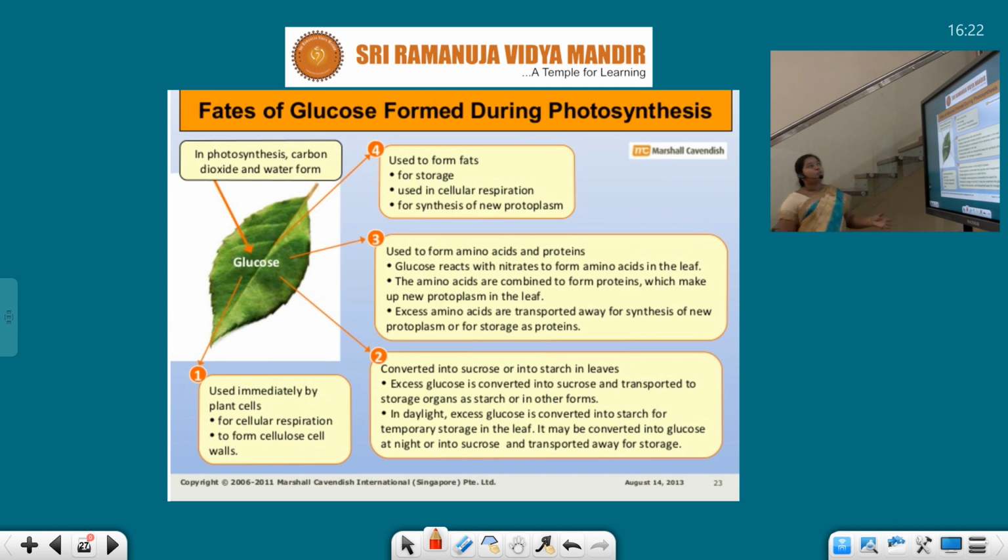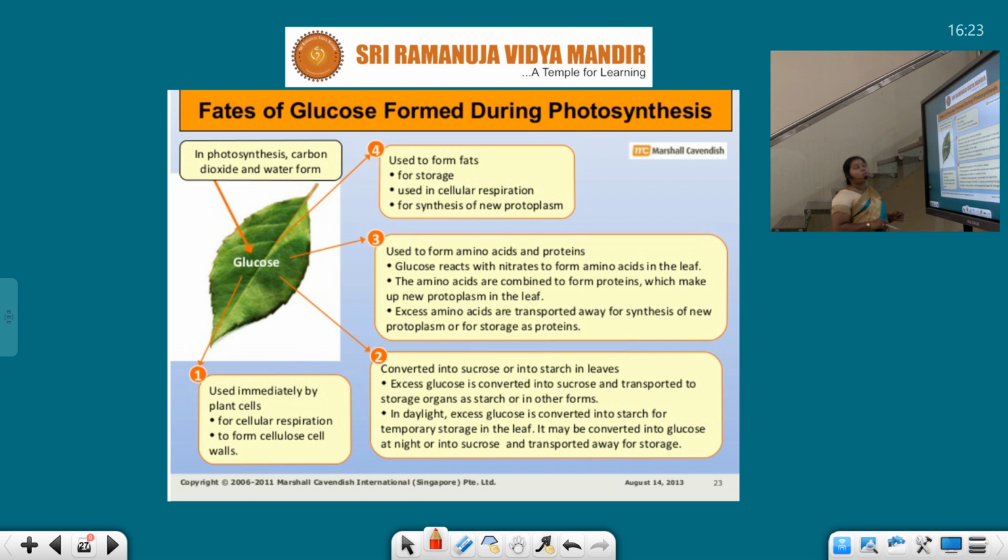Next, fate of glucose formed during photosynthesis. Very important point this one. In photosynthesis, carbon dioxide and water are utilized, that you know very well. The first food will be utilized for energy. Next, if we still have excess food, it will be stored in different parts of the plant for future use, either in the form of amino acids or carbohydrates.